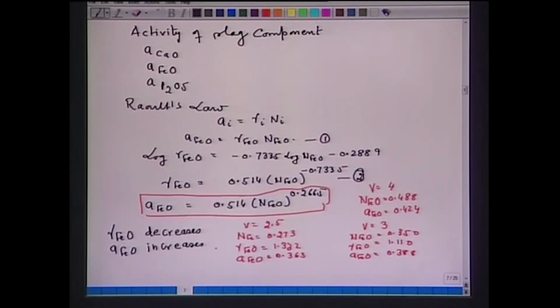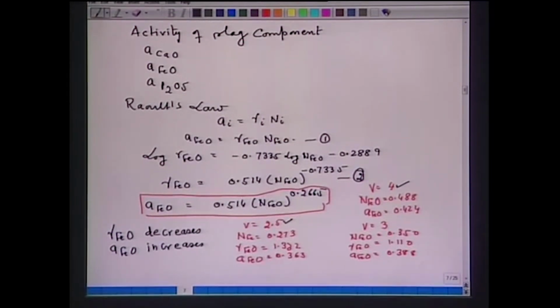As you see from here, if the V ratio goes from 2.5 to 4, gamma FeO at V equal to 2.5 was 1.332, at V equal to 3 gamma FeO becomes 1.110, and for V equal to 4, gamma FeO can be calculated to the value of 0.87. So, gamma FeO decreases, and as a consequence of the decrease in gamma FeO, the activity of FeO increases.